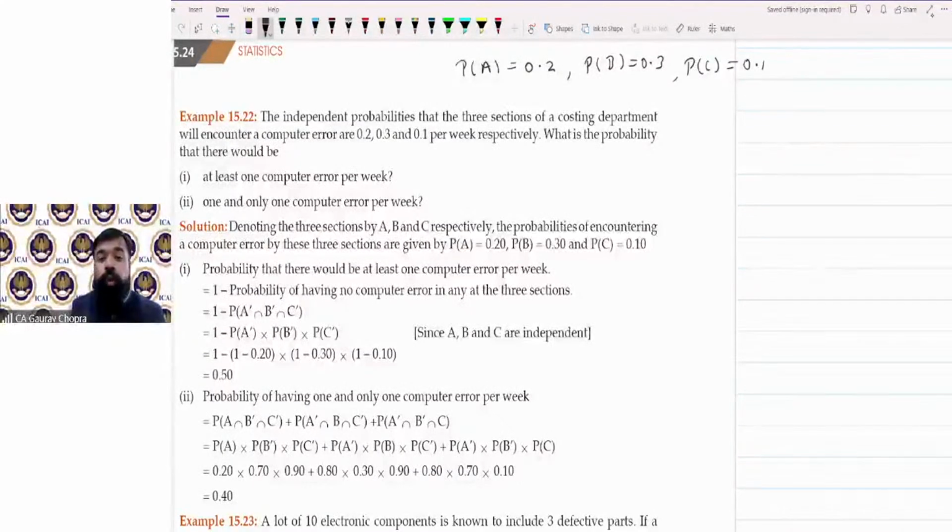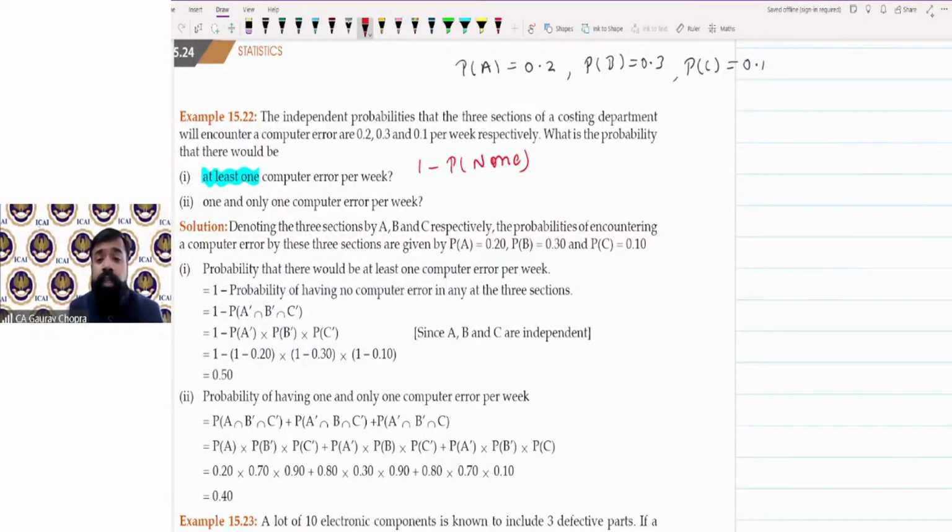So, at least one. Whenever at least one is there, the addition rule will be applied, or there can be a shortcut method. So whenever the question is talking about at least one, it will be addition rule, and also we can apply the shortcut method. So let's try the shortcut method first. Whenever it is at least one, you can write 1 minus probability of none.